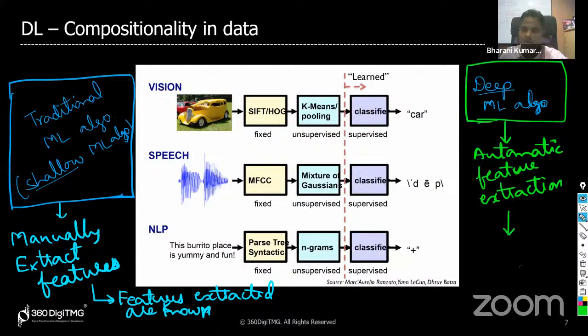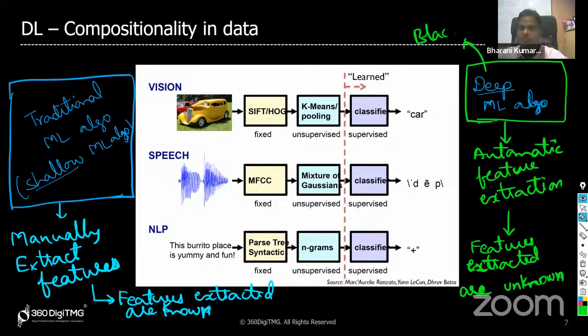It'll be very fast. However, the features extracted are unknown. Since the features extracted are unknown, this algorithm is also called a black box algorithm.